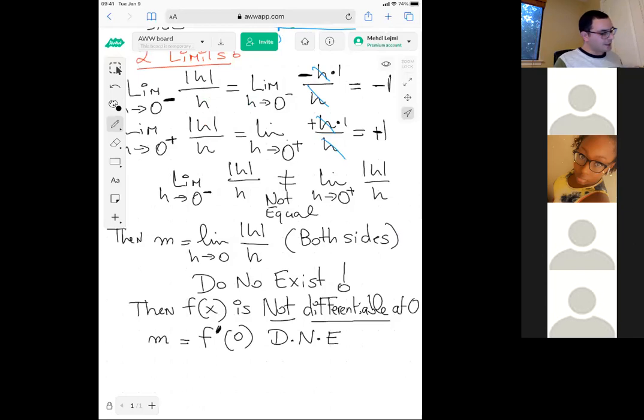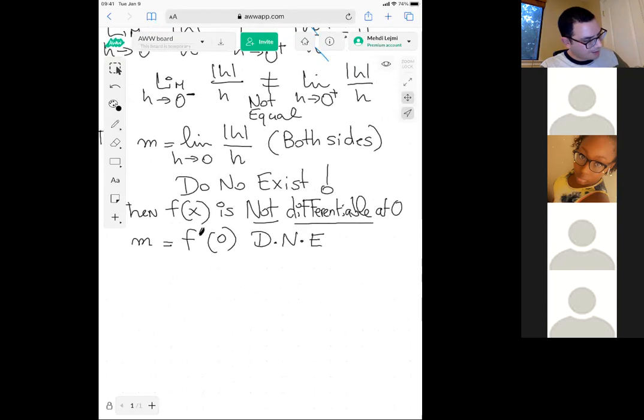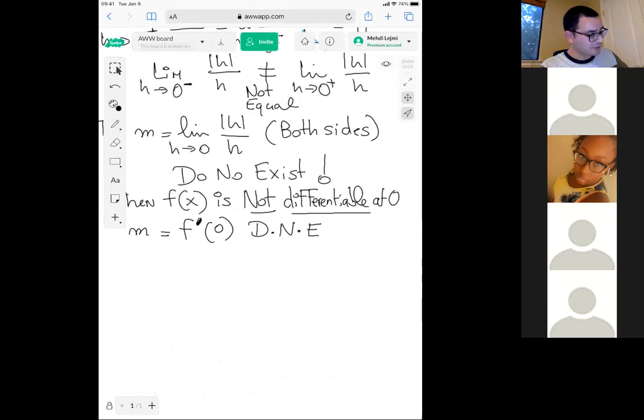So the thing, guys, is that you can even see this conclusion from the graph of absolute value of x, because there's a geometric interpretation to the fact that f is not differentiable at 0.